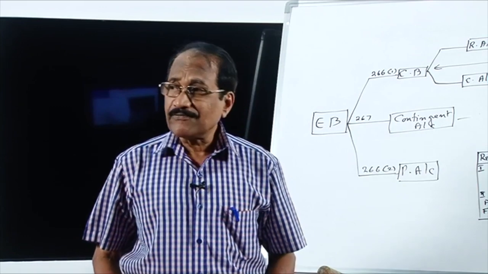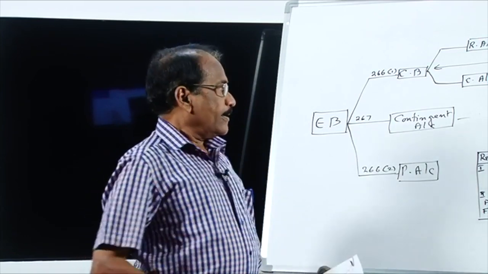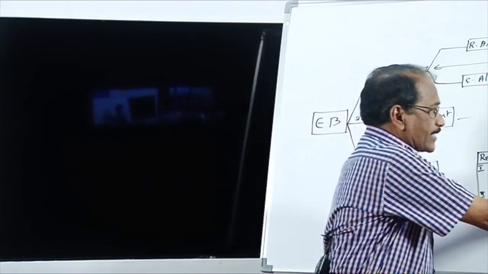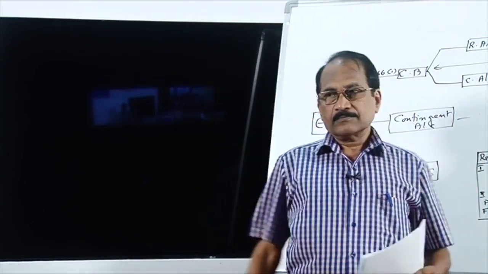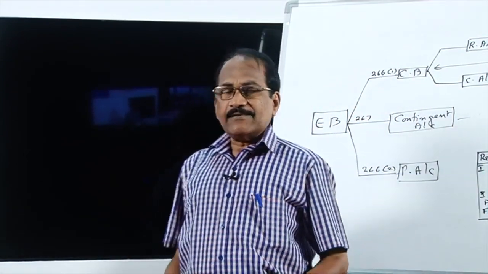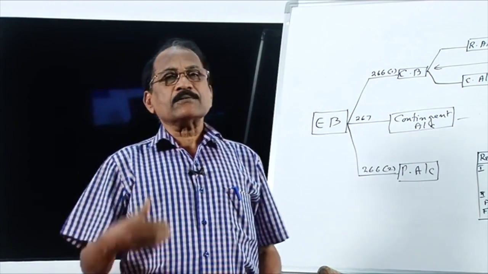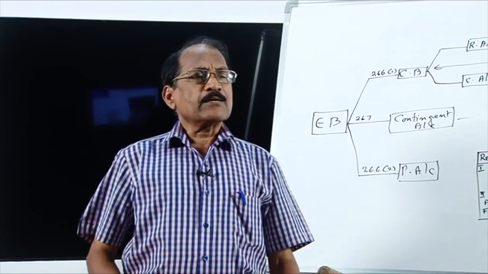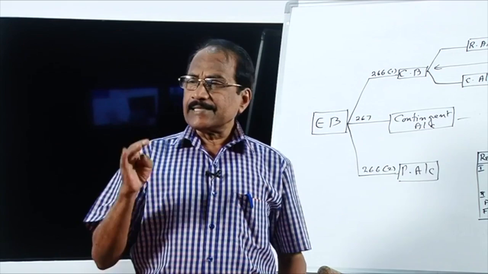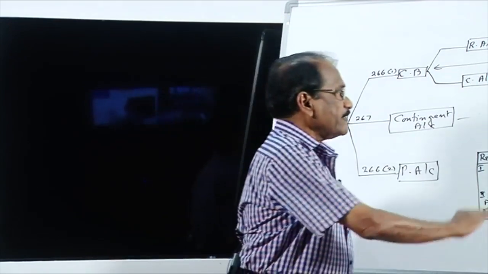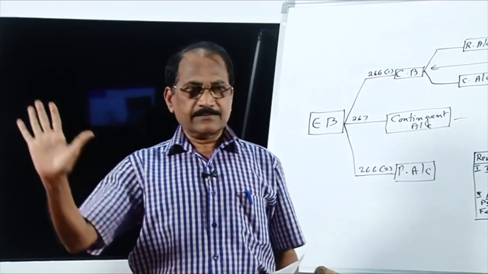Number 2: loans received from the foreign government. Loans received, recovery of loans. Loans received from either domestic or international sources, the amount you receive, is included in the revenue side of the capital account. Correct.